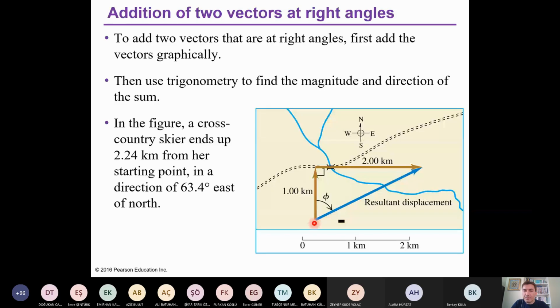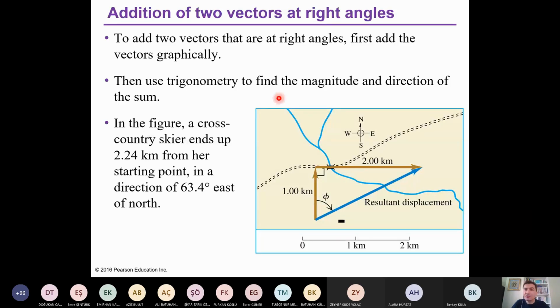The result will be more than 2 kilometers, and less than 3 kilometers. Okay, you can estimate this one without any calculation. So how to calculate the magnitude of this displacement and how to calculate the angle here?